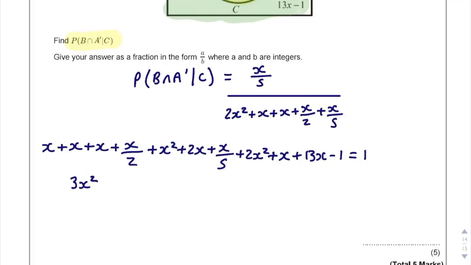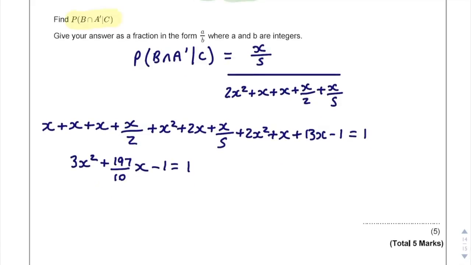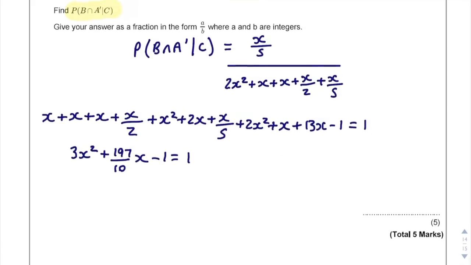Right, and that gives me plus 197 over 10x. And then I've just got minus 1 equals 1. So now I can subtract 1 from both sides to make this equation equal to 0. So I'm going to get 3x squared plus 197x over 10 minus 2 equals 0.